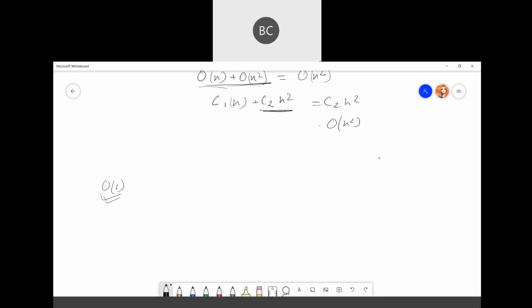O(1) is the fastest. Then comes O(log n), then comes O(n) time. So log n time is better than O(n). Remember, your linear search program takes O(n) time and your binary search program takes O(log n) time, and binary search is faster than linear search.